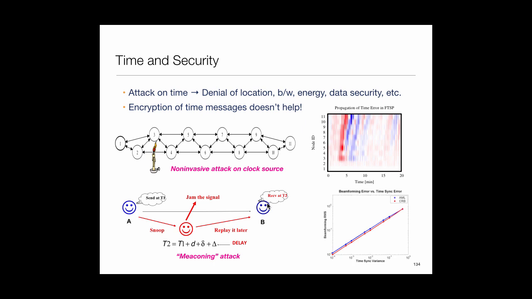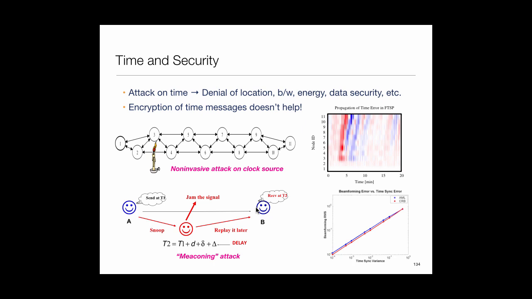All that has happened is we have inserted additional physical delay. That would mean that the two parties will think their time offset is different than what it really is. Now, if they were two nodes which were supposed to fire a weapon and bring down a missile jointly, they would actually be firing at different times.